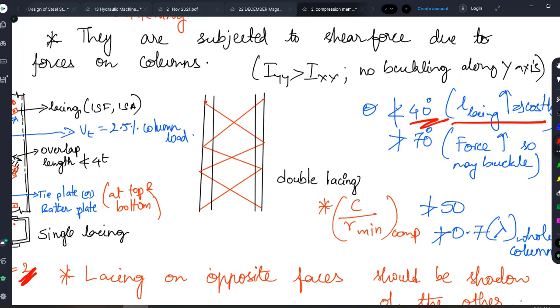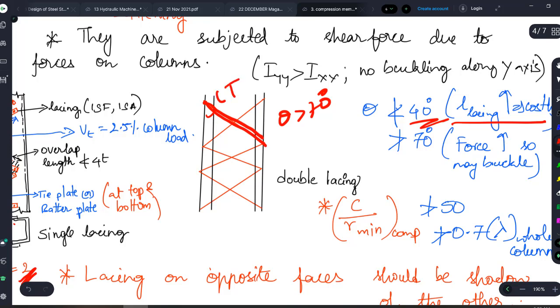I hope it is very clear, right? Now you can ask, sir, always keep theta at 90 degrees, because you will be getting the minimum length of lacing you can provide. But here we have a problem. If theta is greater than 70 degrees, then the forces induced in my lacing will be very much higher. See, the lacings are taking either compression or tension, right?